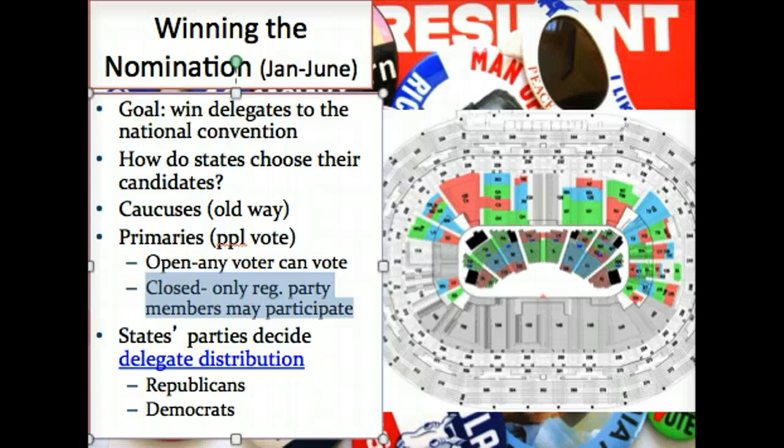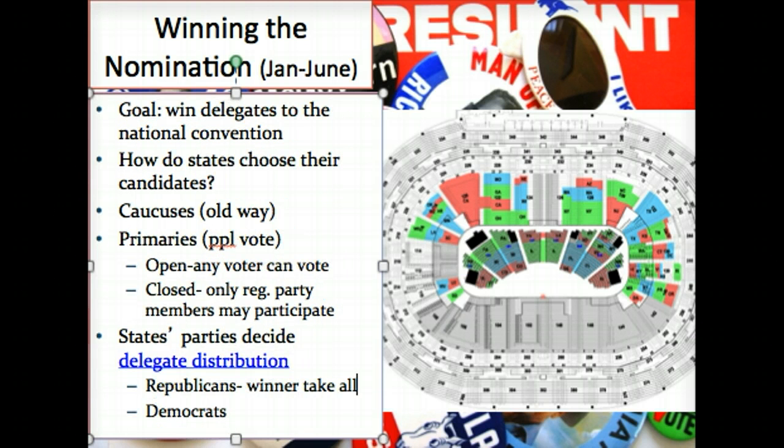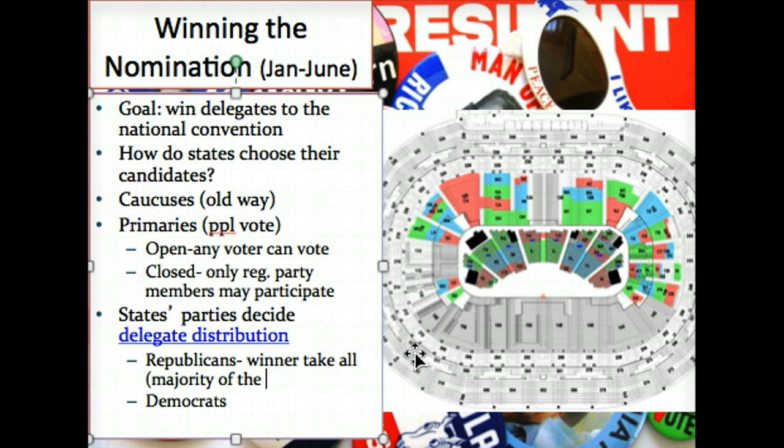State parties get to decide how they're going to break up their delegation, and I'm going to show you that. Republicans break up their delegates by winner take all. So whoever wins the majority of the primary vote wins all of the state's delegates.